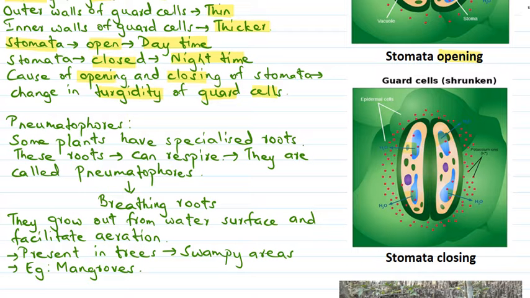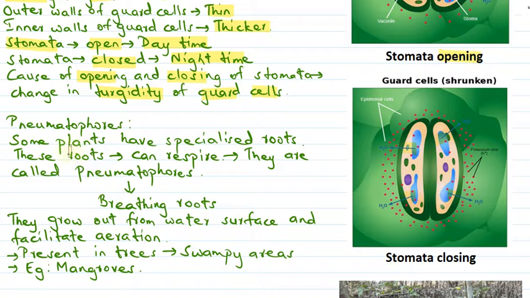The inner walls get close to each other, and there is no space for opening, hence this leads to the closing of stomata. So this is how turgidity works in guard cells, and because of this, opening and closing of stomata takes place.